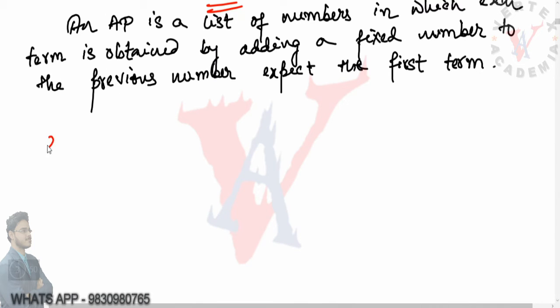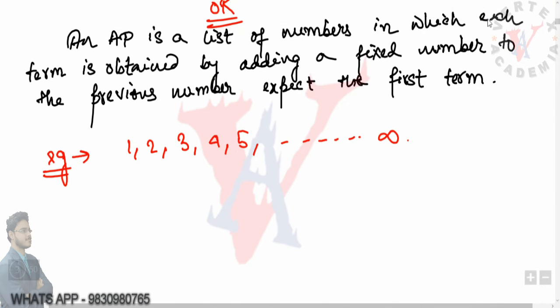So the first example of AP which I will take is the sequence of natural numbers like 1, 2, 3, 4, 5, and it goes up to infinity. Now it is saying that an AP is a list of numbers in which each term is obtained by adding a fixed number to the previous number.